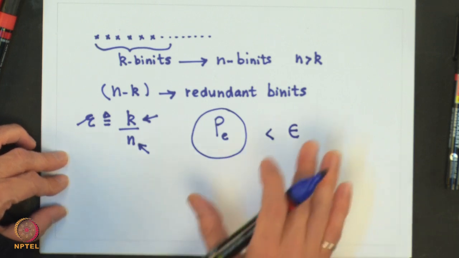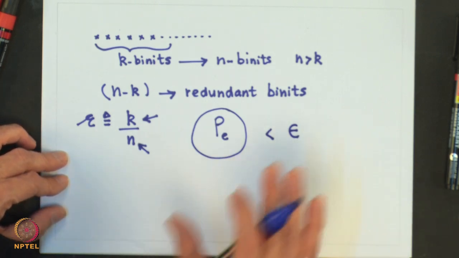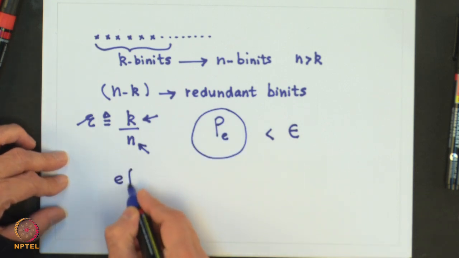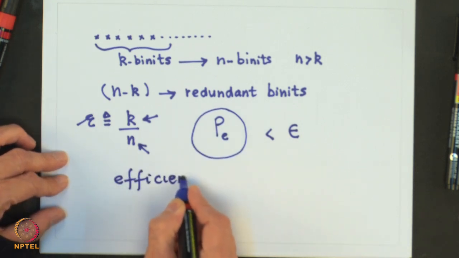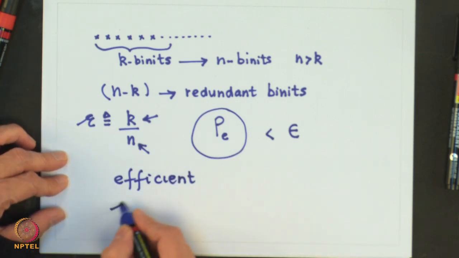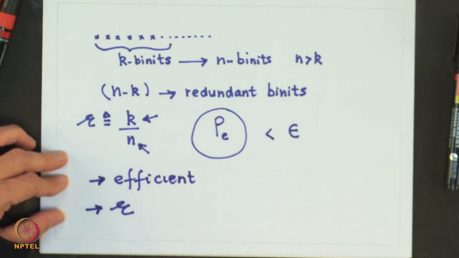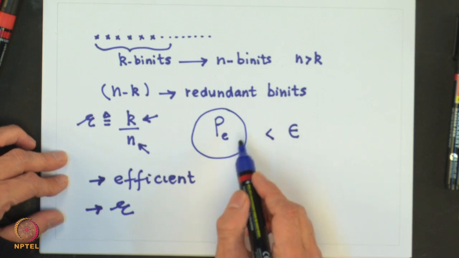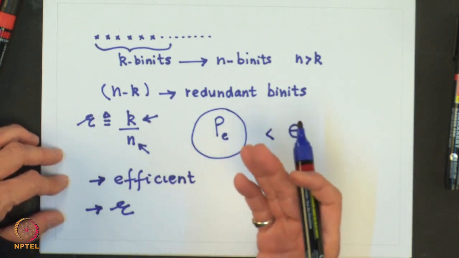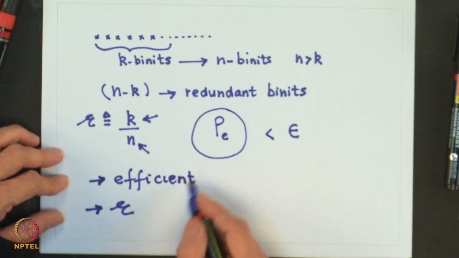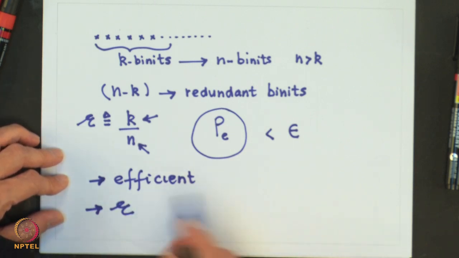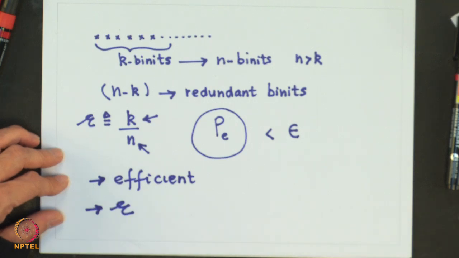Given this, is it possible for me to design a coding scheme which is efficient and the code rate, that is R, need not be too small? So, I want to satisfy these two conditions. I am looking for a coding scheme which is efficient and simultaneously the code rate is not very small. Now, is it possible? Fortunately, the answer to this is yes, and we will see basically how it is possible.